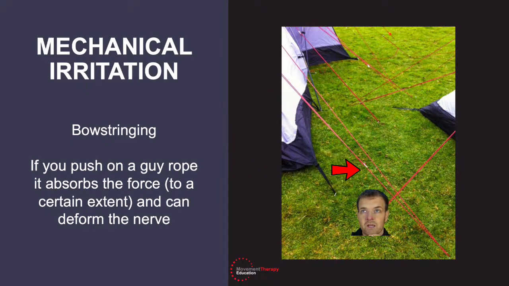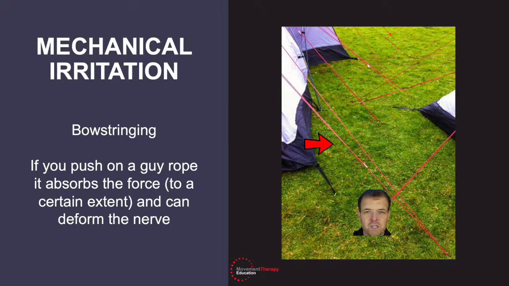So we talked about this last time, a mechanical irritation of bowstringing of the nerve root itself. So something pushing against the nerve root and causing a bend in it, just as if you were to push this guide rope here. If you push that rope, it causes a deformation of it, and what it will do is elongate the top part of the arch and then compress the bottom part of the arch.